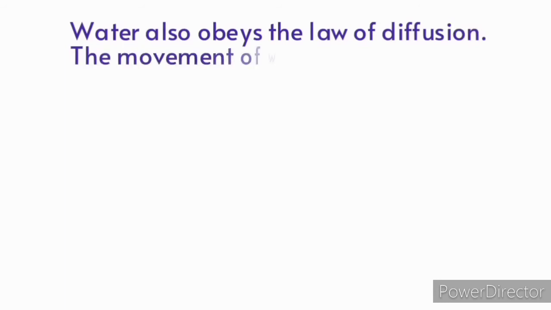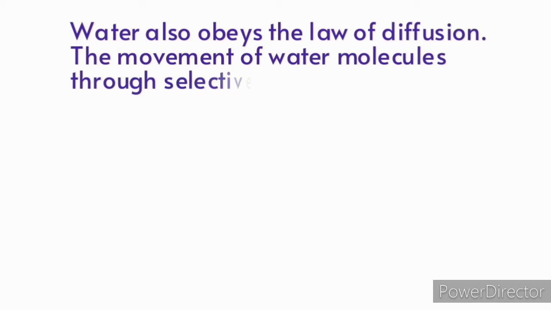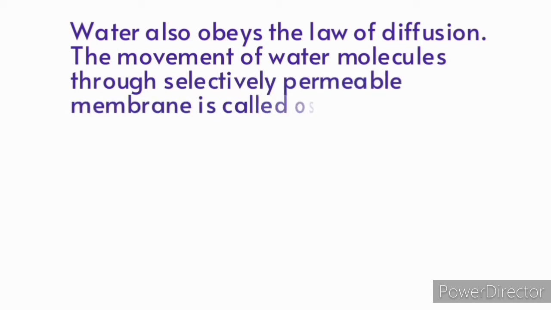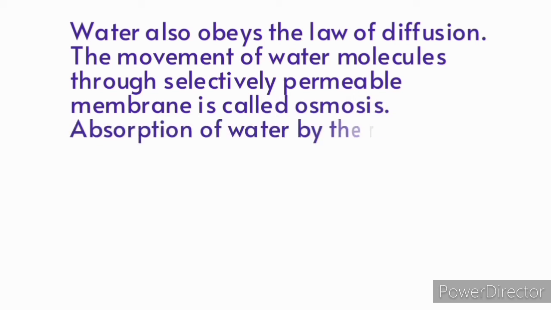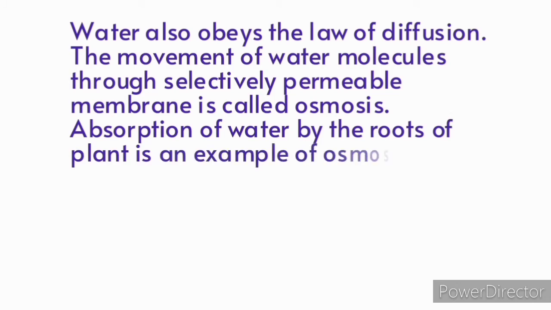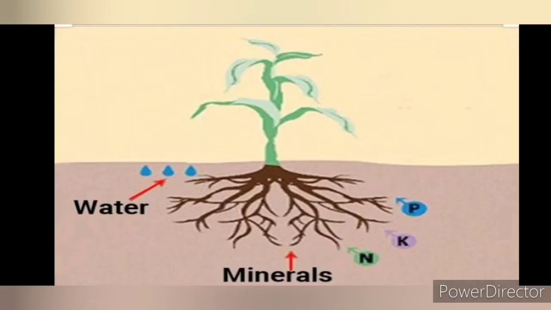Water also obeys the law of diffusion. The movement of molecules of water through a selectively permeable membrane in the cell is known as osmosis. Absorption of water by the roots of a plant is an example of osmosis. Features of plasma membrane or cell membrane.